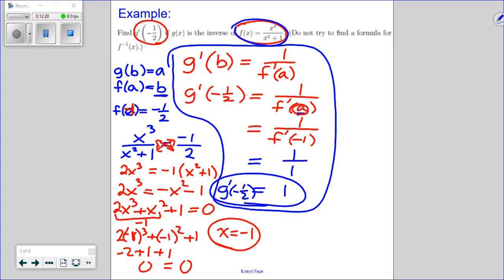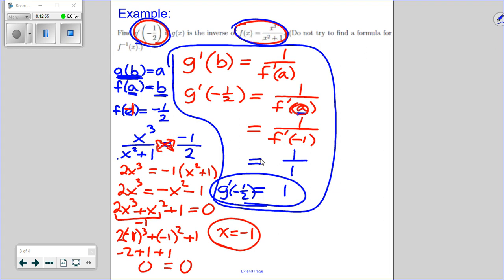So because we were given g prime of -1/2, because that would represent g of B, okay? So we had to figure out what A is. So in order to do that, we take the original function and we set it equal to B. So we took x cubed divided by x squared plus 1, set it equal to -1/2, and we solved for x. And we got x equals -1.